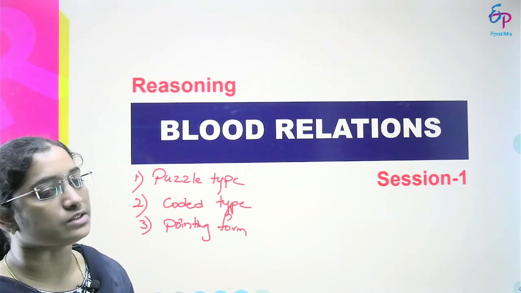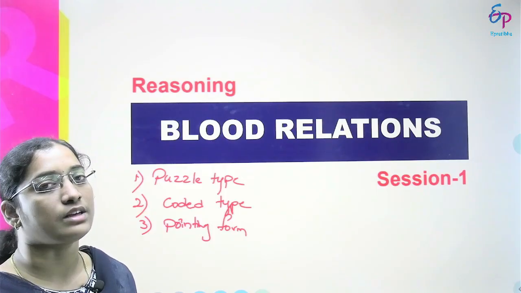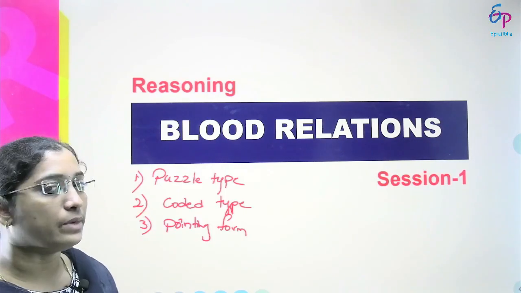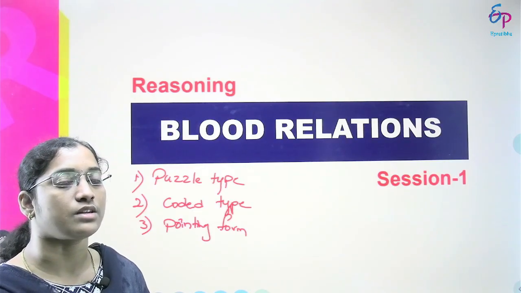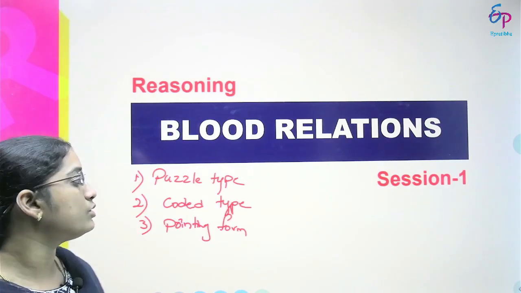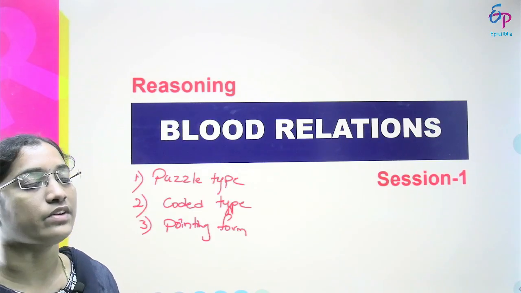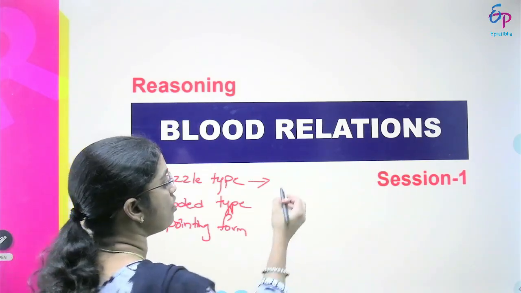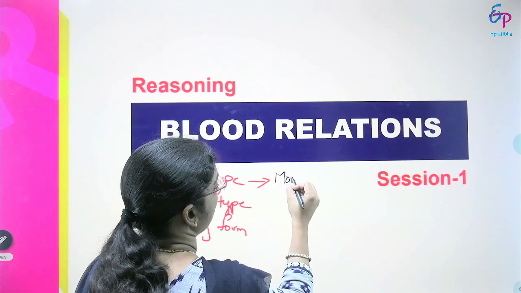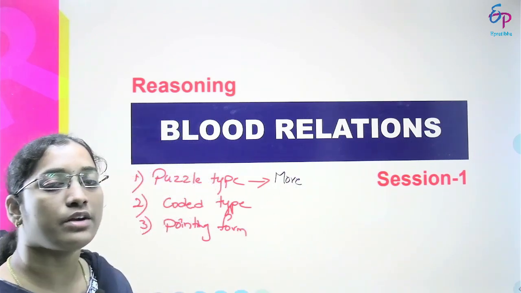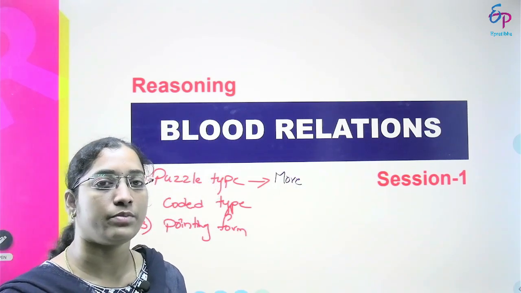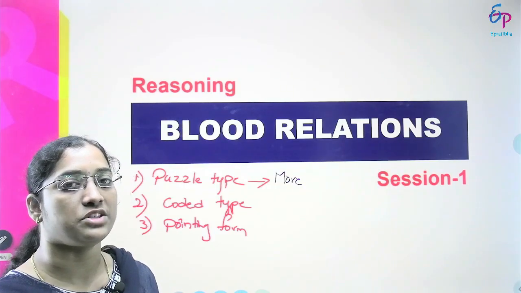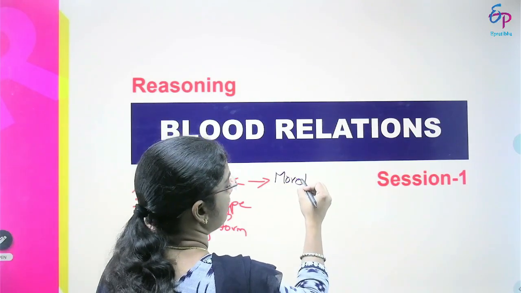So first we need to know the types of questions, right? We have only three different types: puzzle type question, coded type question, and pointing form question. So how do we find out the given question is a puzzle type question? If you have more than two statements of information in your question, then definitely the type of question is a puzzle type question.